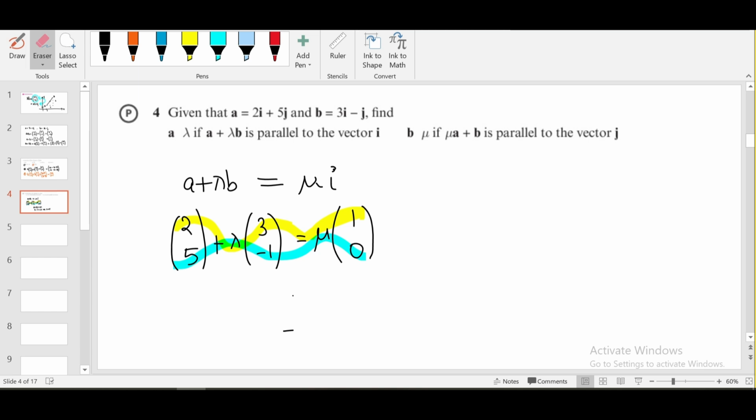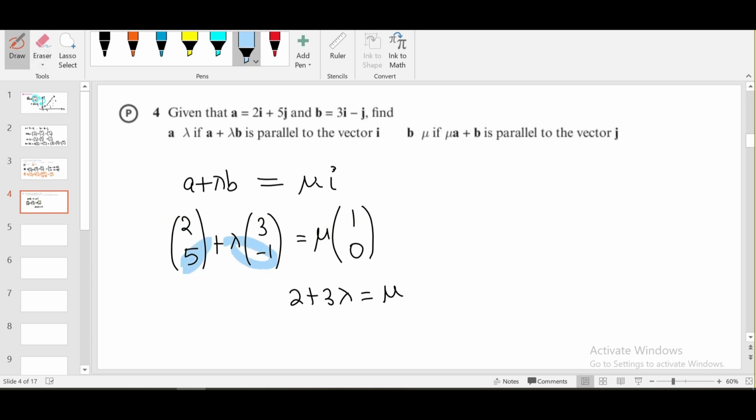You see, when you equate them, take the x component, 2 plus 3 lambda is equal to mu, right? Take the y one now. 5 plus lambda times minus 1 is 0, right? Which is 5 minus lambda is 0. Straight away you got the value of lambda already. That's it.